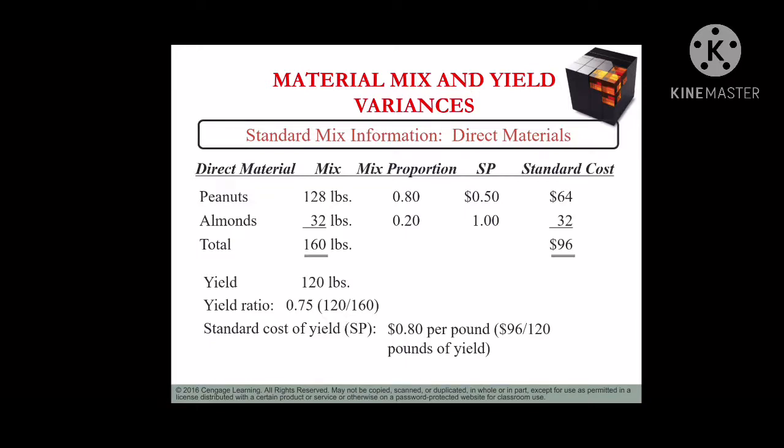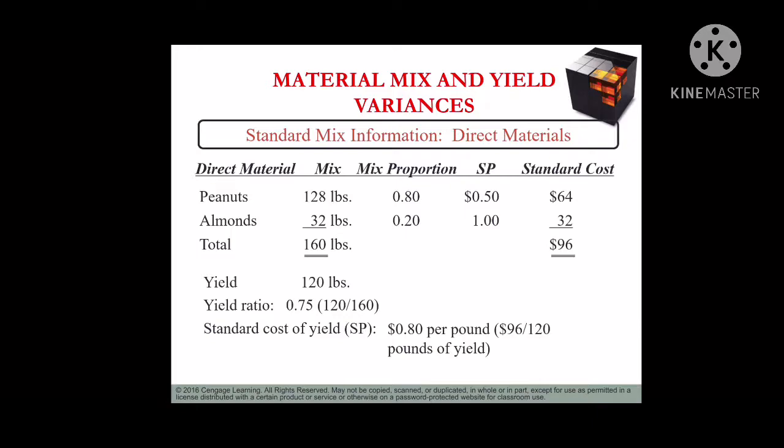The total of mix is 160, the total standard cost is 96, yield 120 and yield ratio 0.75. Please remember this because we will use it later. How to get 0.75? The total yield 120 over the total mix 160.